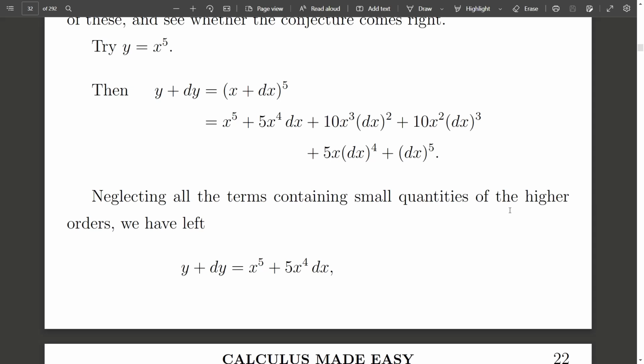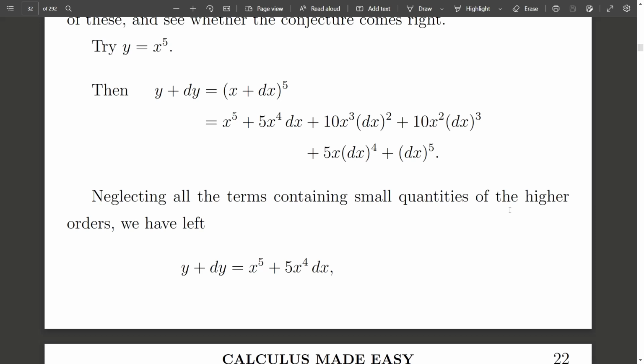Then y plus dy is equal to x plus dx to the power 5, which is equal to x to the power 5 plus 5x to the power 4 times dx plus 10x cubed times dx squared plus 10x squared times dx cubed plus 5x times dx to the power 4 plus dx to the power 5.